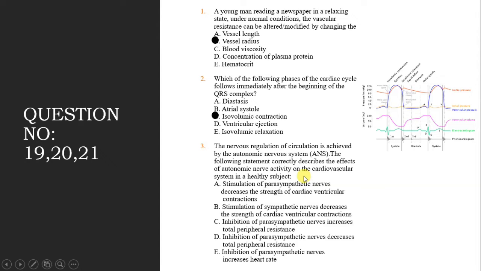The sympathetic nervous system has an effect on the heart as well as the blood vessels, but the parasympathetic nervous system has an effect only on the heart. So the stimulation of the parasympathetic nervous system has no effect on the total peripheral resistance, which is offered by the blood vessels. So option E is going to be correct, because the parasympathetic nerve causes a decrease in the heart rate. When we inhibit the parasympathetic nerve, it will increase the heart rate.